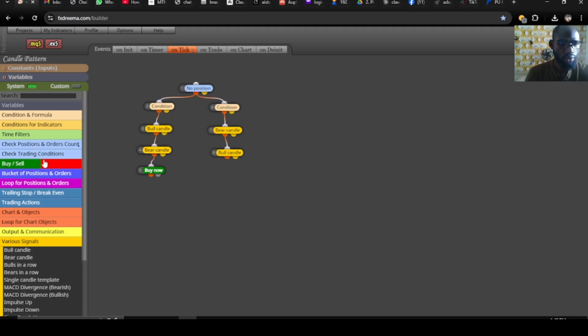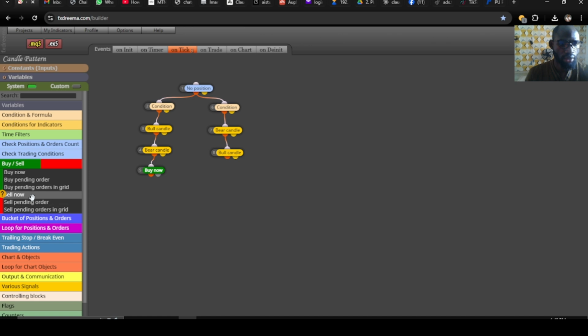The next thing we want to do is to bring out our sell now block. This sell now block is responsible for the execution of positions like the selling trade. Without this block, the trading robot can never execute any sell position. So let's double click on it and input our constants.